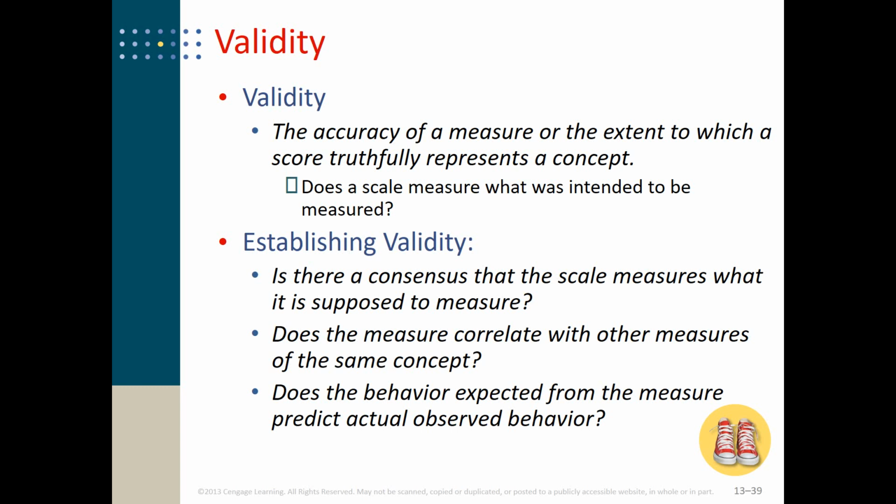So different people may come up with different measurements of the development of a country. Now the question is, which measurement is a valid one, truthfully representing the phenomenon, truthfully representing the concept.